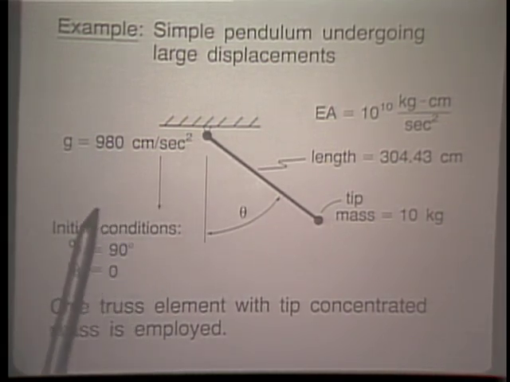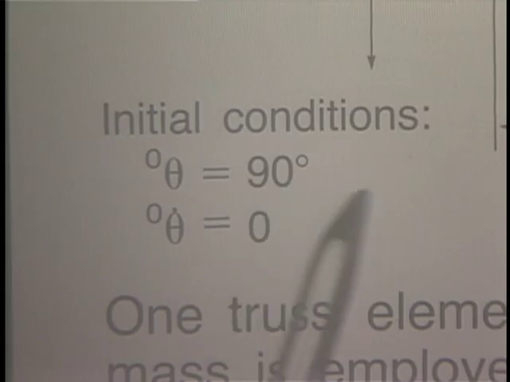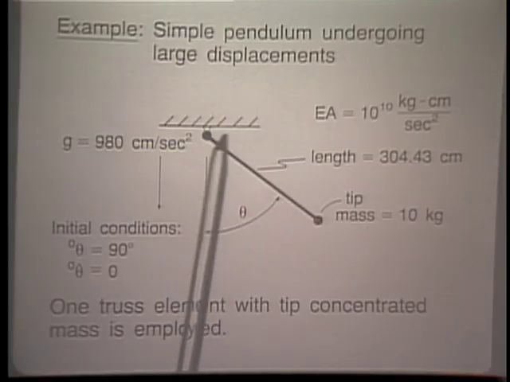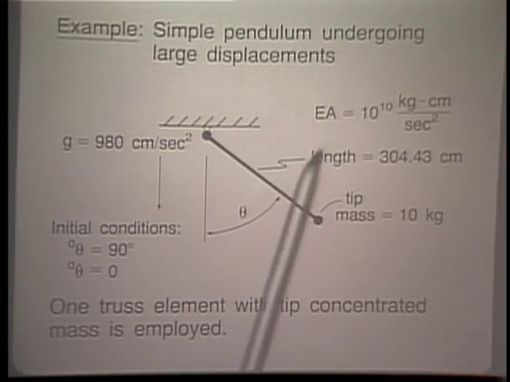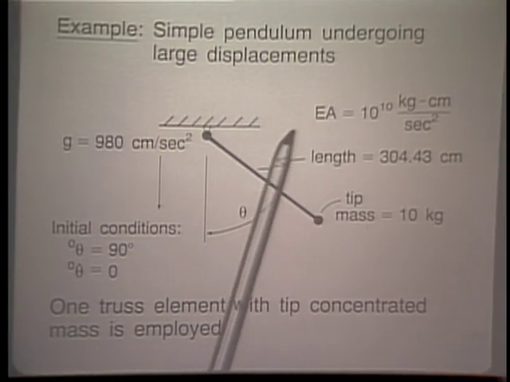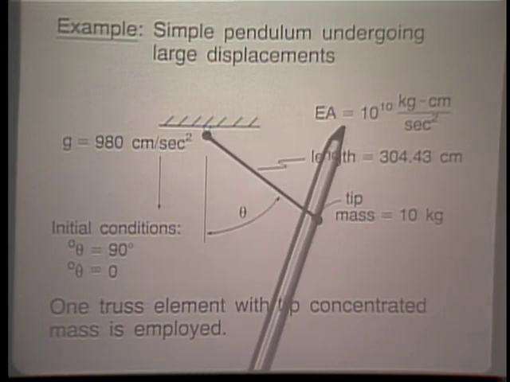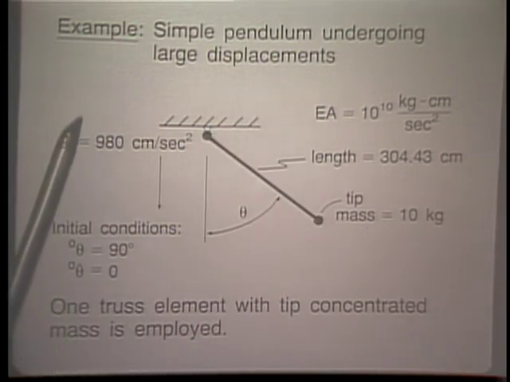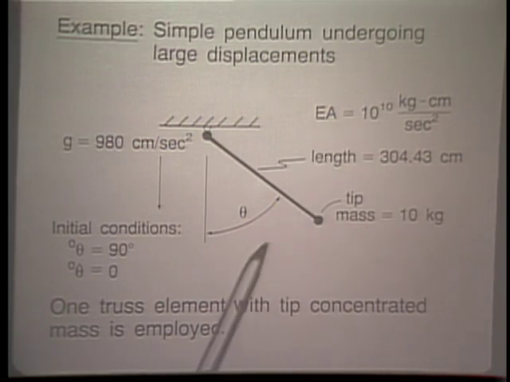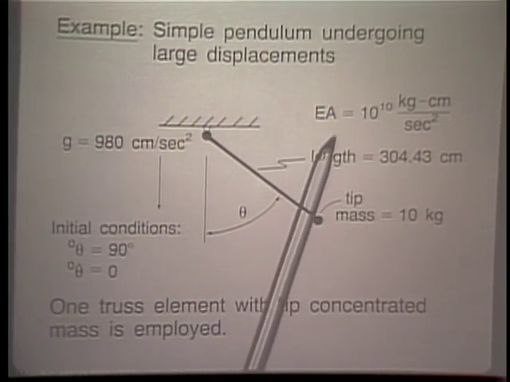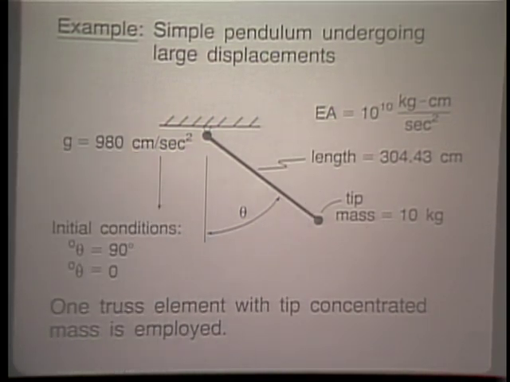The initial conditions of the pendulum are listed here. Initial angle theta is 90 degrees, so the pendulum is up here, as I explained already, and initially it has zero velocity. And now we let the pendulum go, and as I said, it should swing up and down here, of course, under the gravity loading.